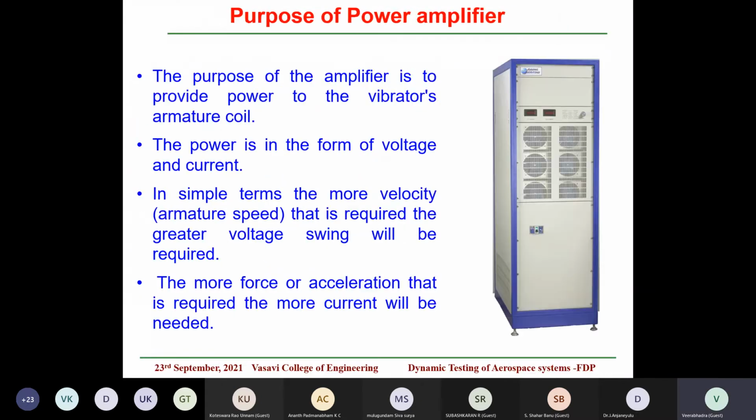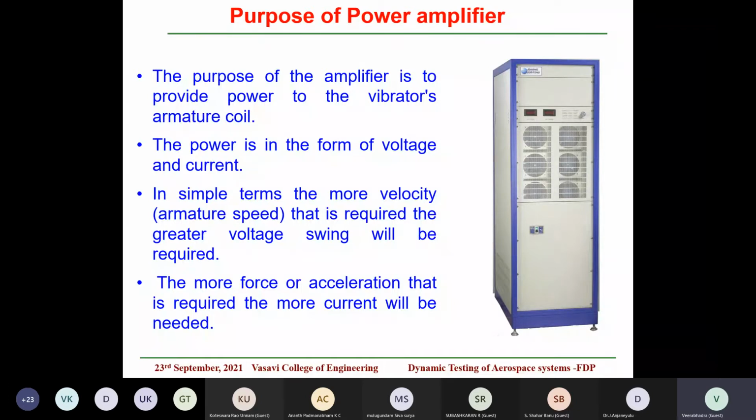Apart from the basic shaker, we have another device called the power amplifier. The purpose of the power amplifier is to provide power to the vibrator. Basically in the vibrator, what we call a shaker, we have two things, armature and field coil. In Fleming's left hand rule, we have F equals B cross IL. B is the magnetic field flux density, produced by the field coil, which is an electromagnetic coil.